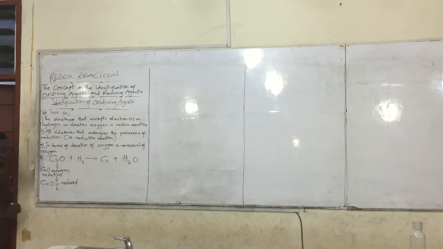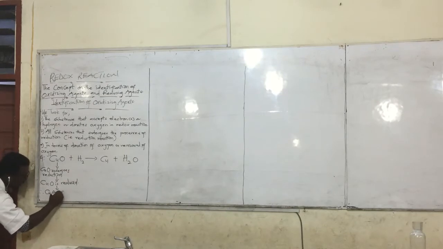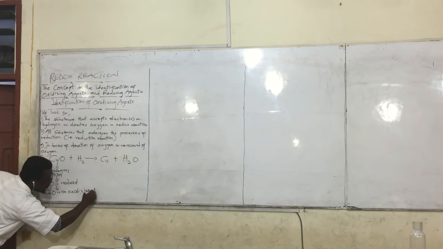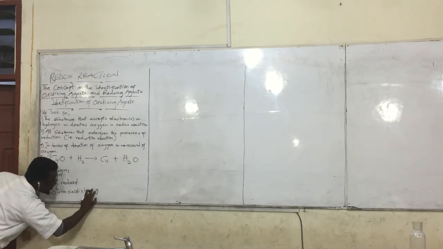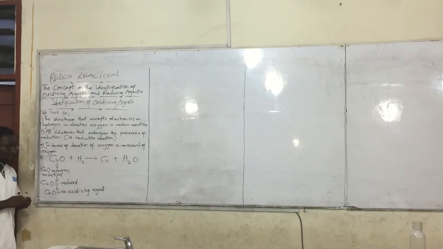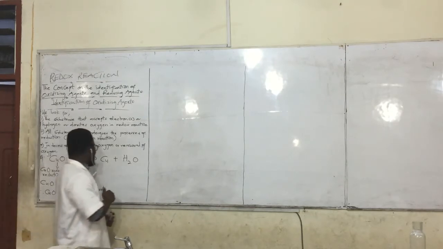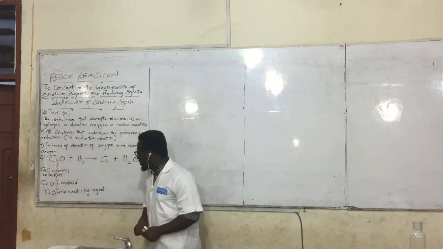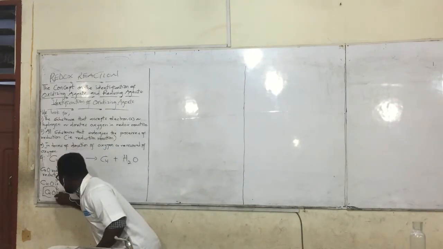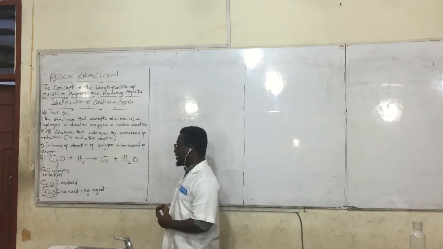Therefore, we can technically say that CuO is an oxidizing agent. Now that is how we are able to identify the oxidizing agent. So it means CuO over there is the oxidizing agent.